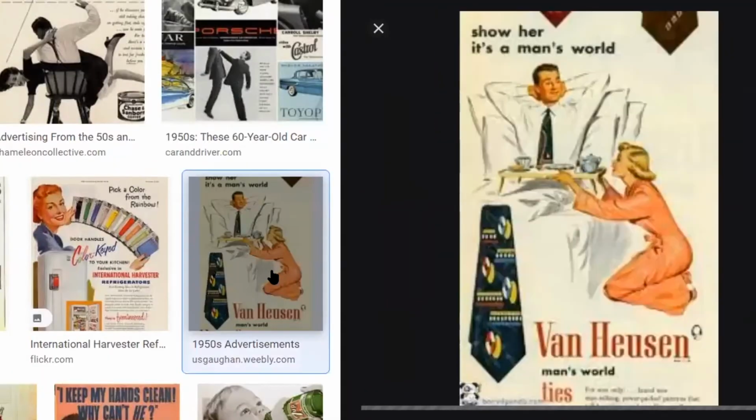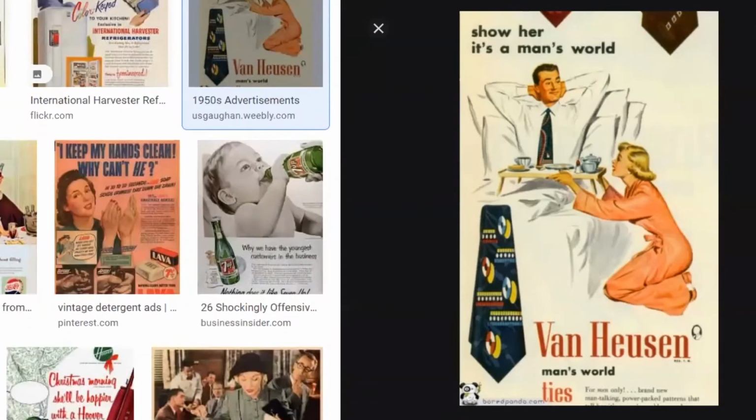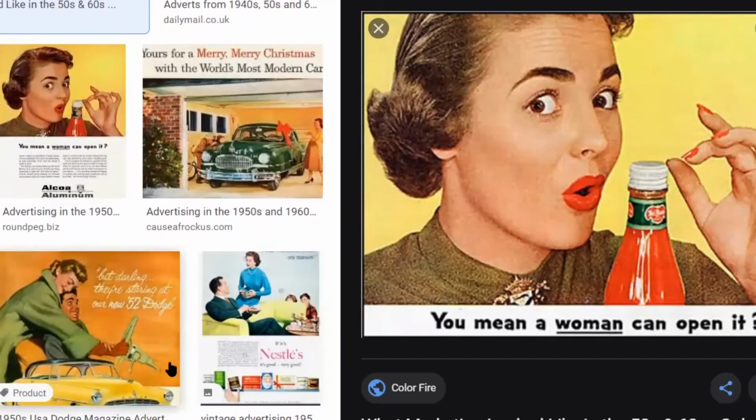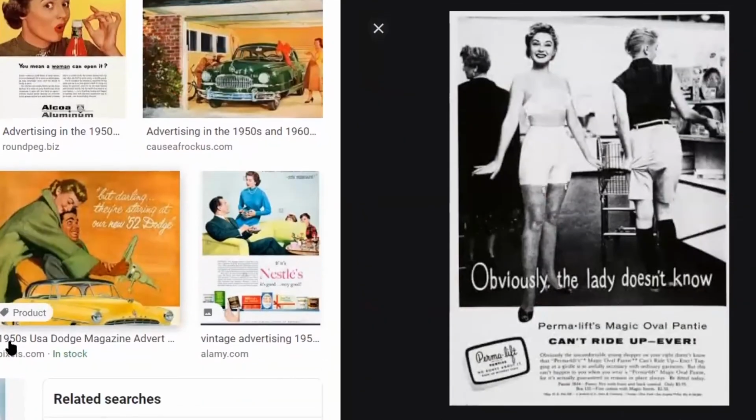And look at this one. Show her it's a man's world, and they are promoting ties. Look at this one. I just clicked advertising from the 50s. It is oversexualized. Remember Marilyn Monroe.